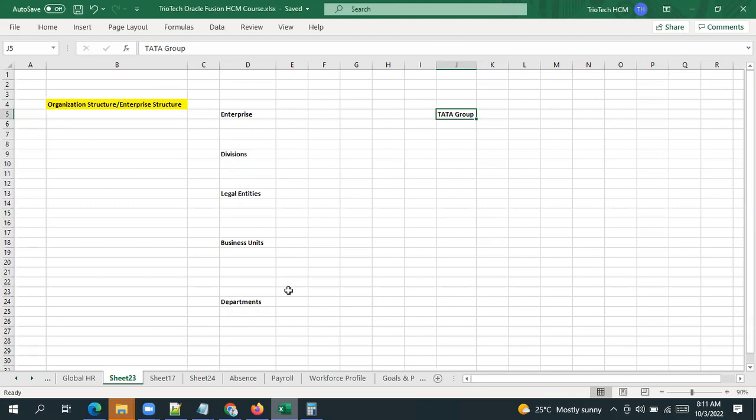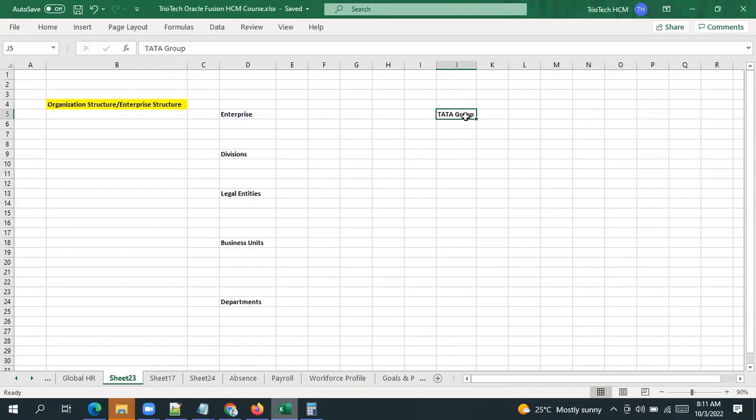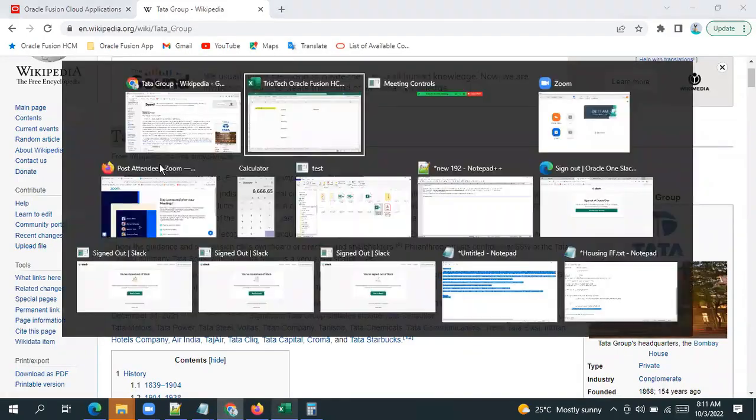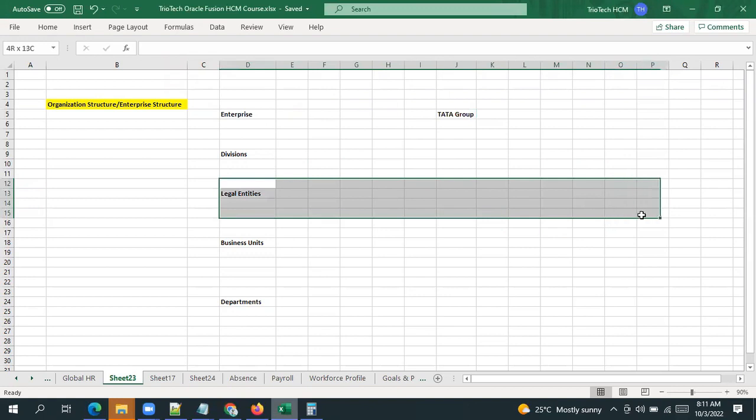Let us discuss the doubts at the end of the session, team, so that it won't interrupt the flow. So Tata Group, in the example here, you can consider as an enterprise in the Fusion application, team. It is not a company actually. Tata Group is not a company. Under this umbrella or this family, the Tata is having multiple companies operated, team.